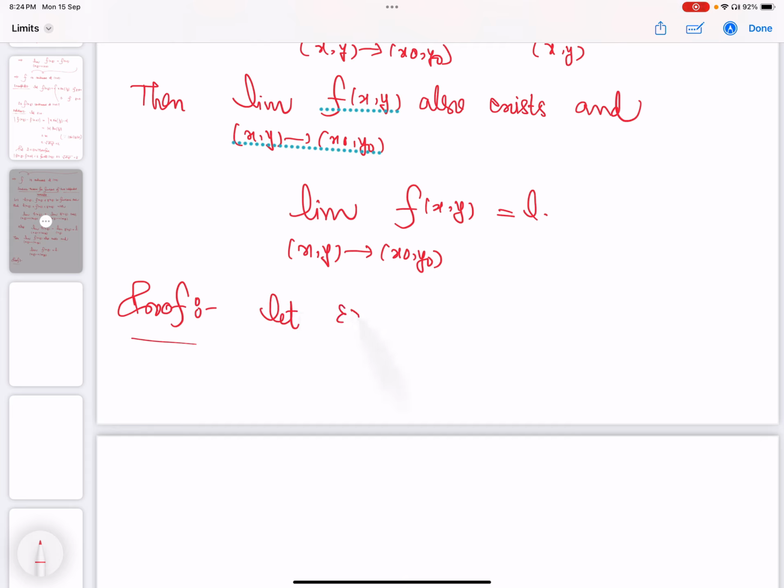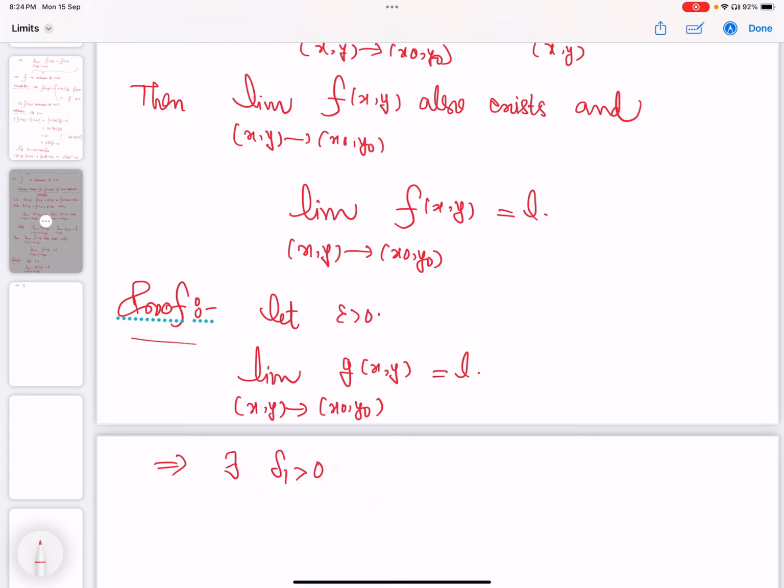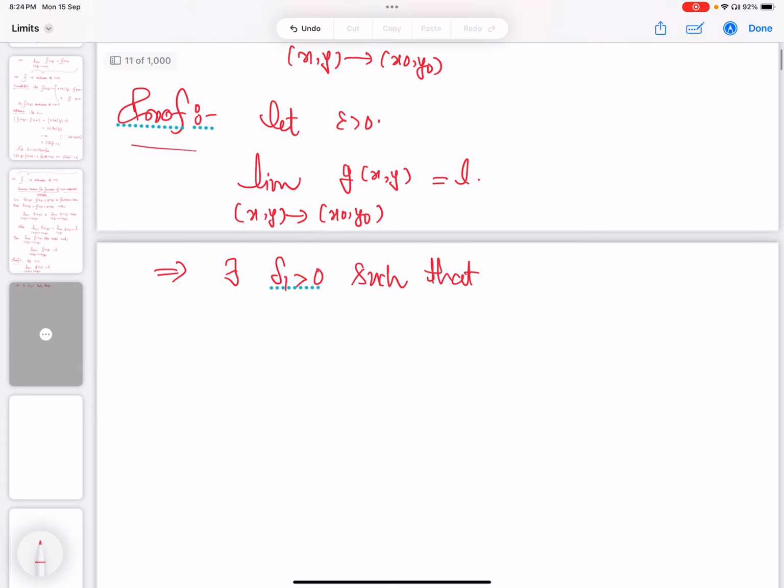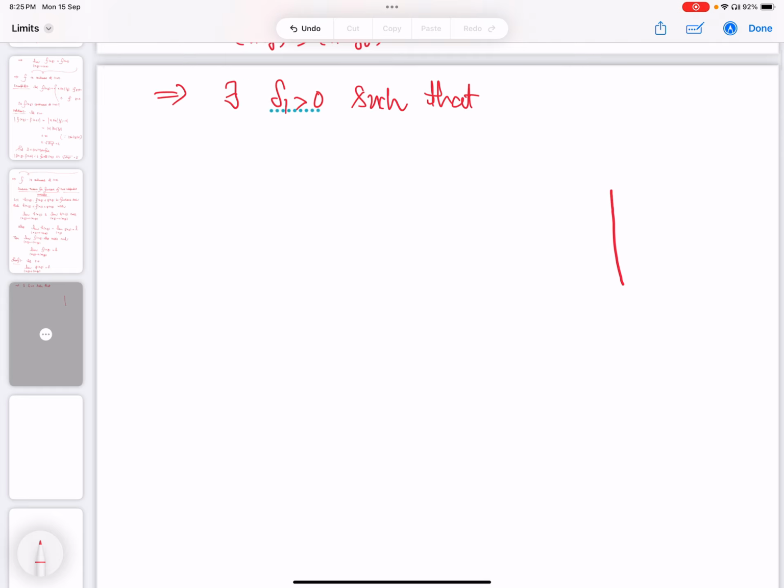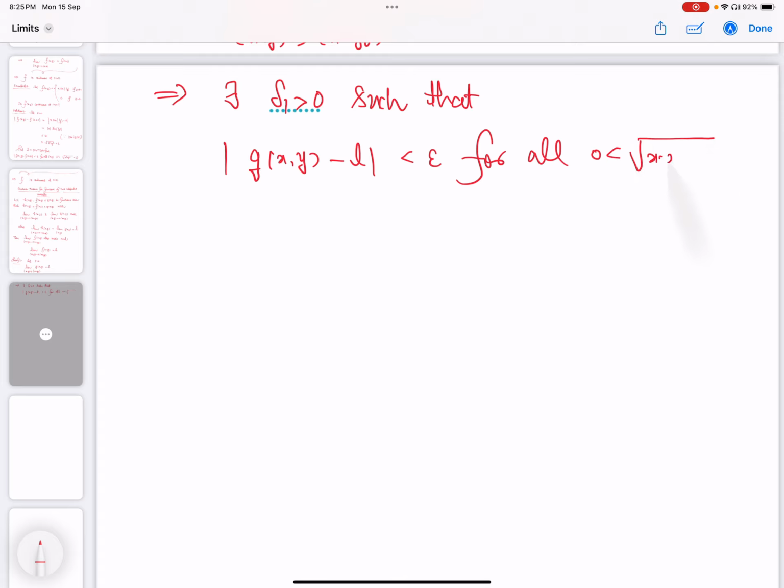Let epsilon be greater than 0. The limit as (x,y) tends to (x naught, y naught) of g(x,y) is equal to L, which implies there exists delta 1 greater than 0 such that |g(x,y) minus L| is less than epsilon for all (x,y) with (x minus x naught) squared plus (y minus y naught) squared less than delta 1.